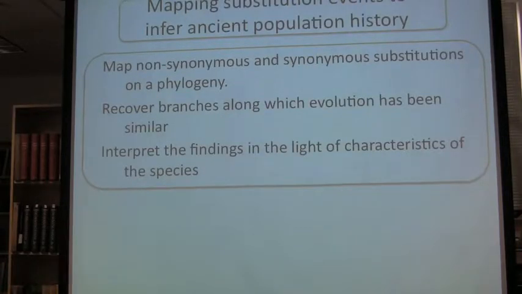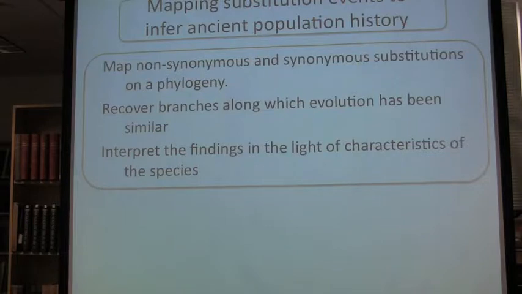So basically, we've been using this software on a particular phylogeny. So what you need to do is map those non-synonymous and synonymous substitutions on a tree, recover branches along which evolution has been similar, and then you need to interpret the findings in the light of characteristics of the species that you have in your phylogeny.